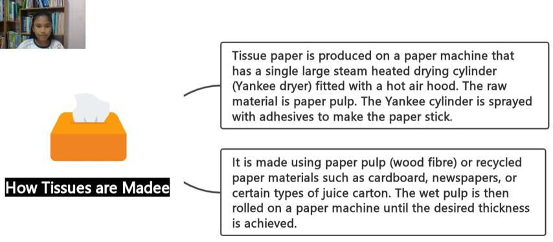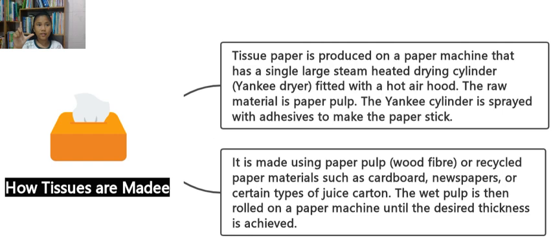Well, then they would mix it with air and the raw material paper pulp. The Yankee cylinder is sprayed with adhesive to make the paper stick. And there will be 2 rolls of paper on opposite sides, rolling in.